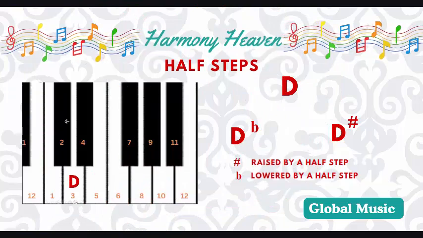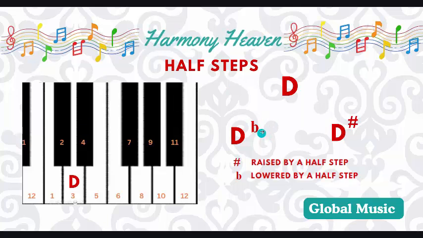Now, another example. If you are on the note D and you see D sharp, where will D sharp be? D sharp will be D raised by a half step, meaning the second black note on the keyboard in an octave.